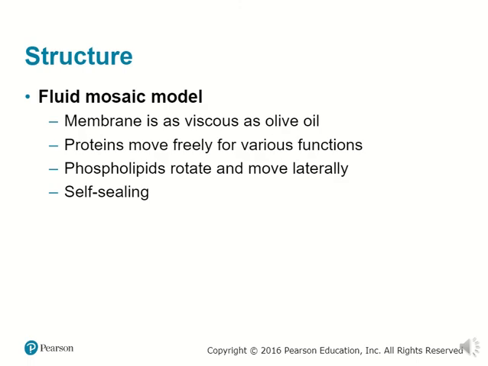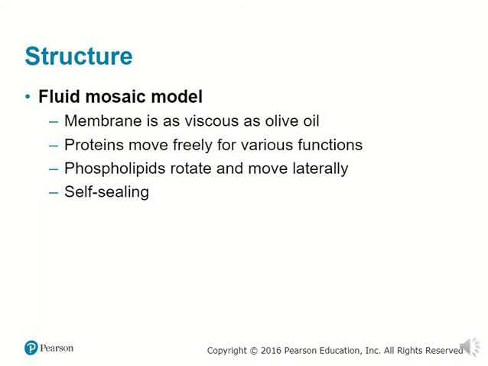As far as the actual structure of a cell membrane, it follows what's called a fluid mosaic model, which essentially consists of pieces that are able to travel along the plasma membrane because the plasma membrane is as viscous as olive oil.